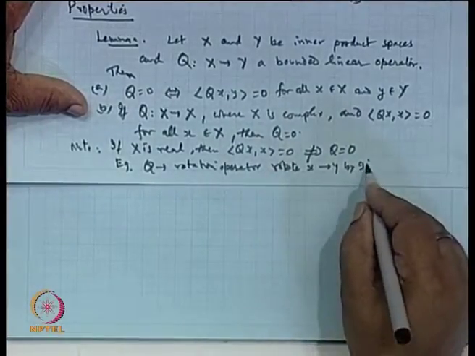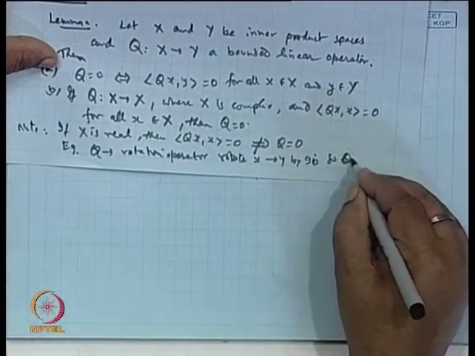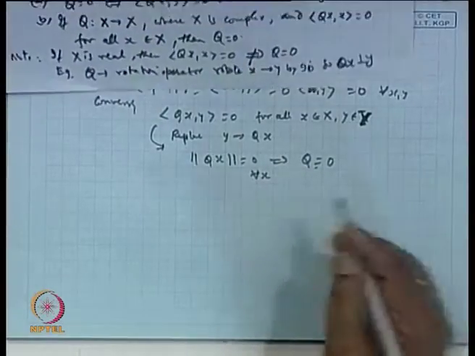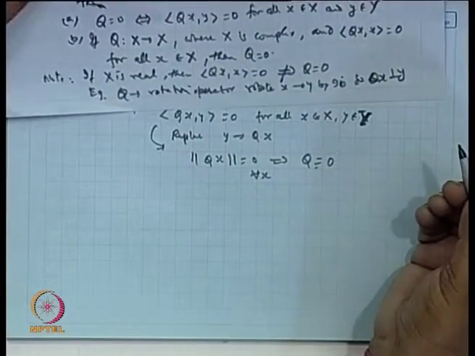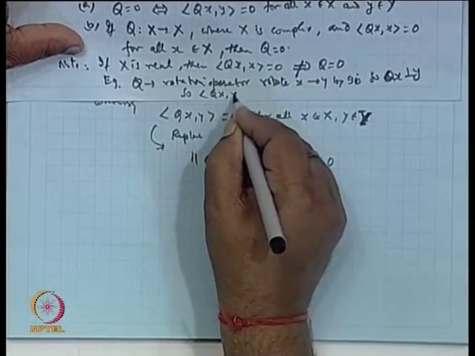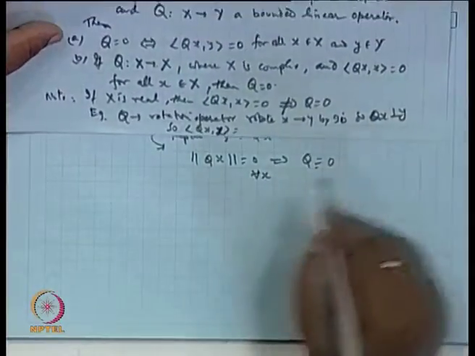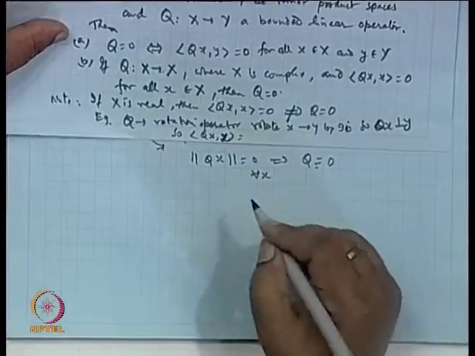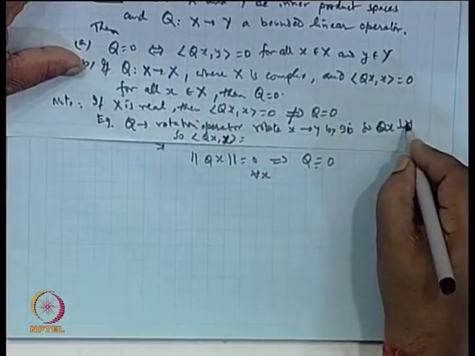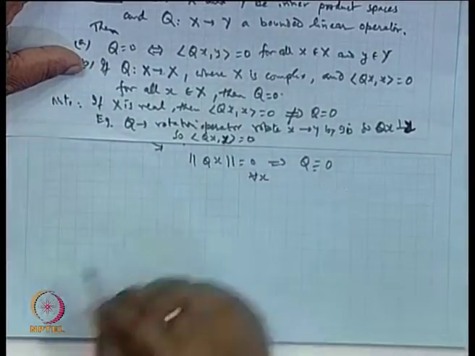So, they are orthogonal. So, Qx is perpendicular to x. Therefore, the inner product of Qx, x will be 0.